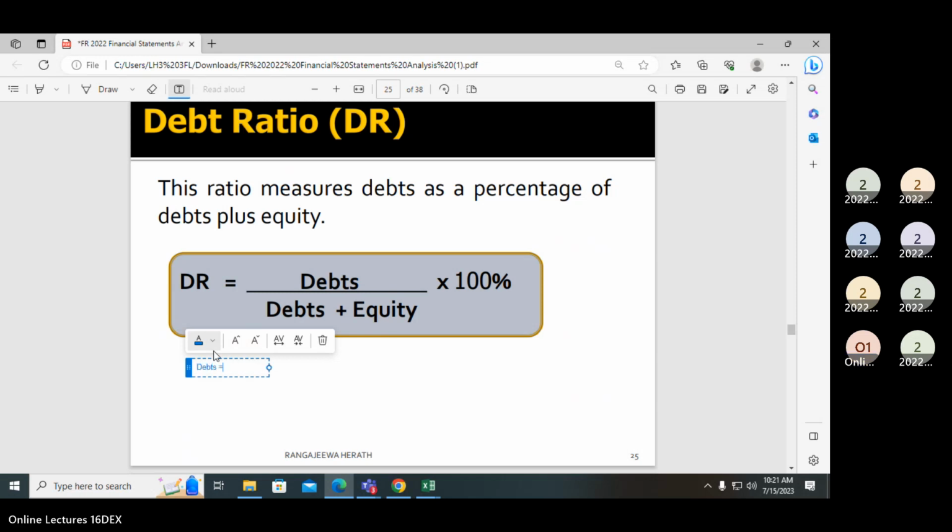Debt equals interest bearing borrowings. That is debt. Equity, you know. Debt means interest bearing borrowings, the borrowings that require you to pay interest.